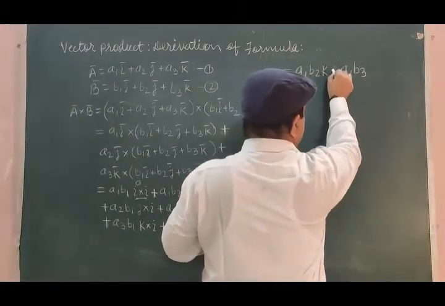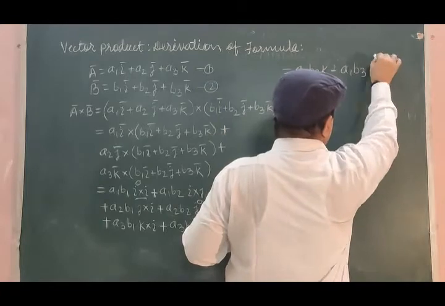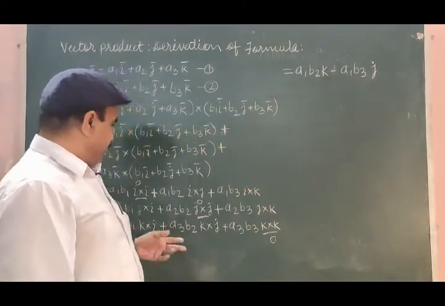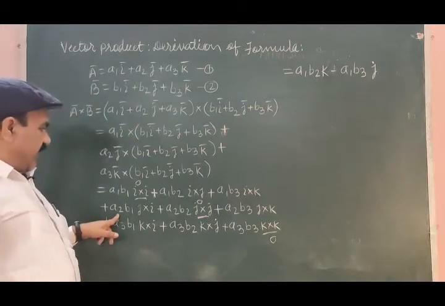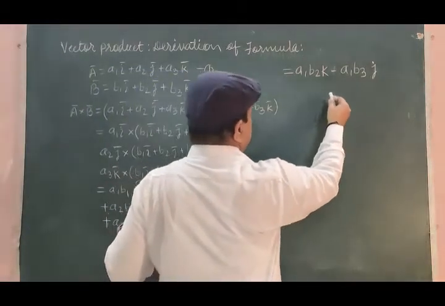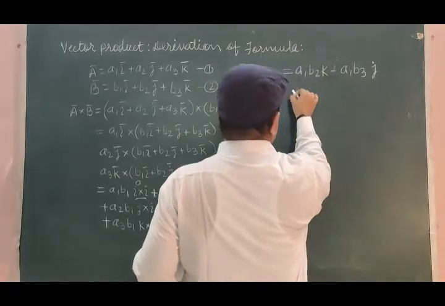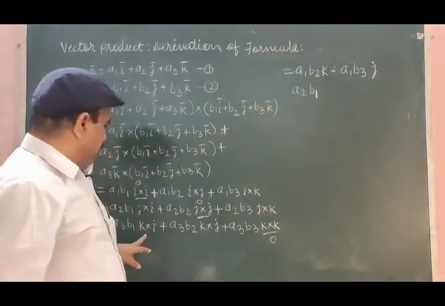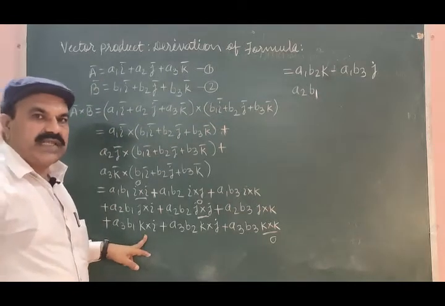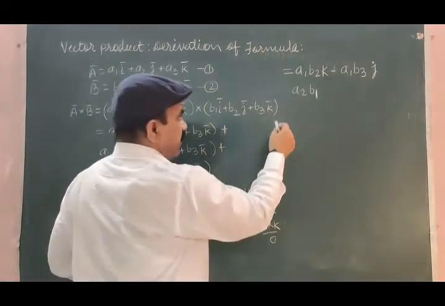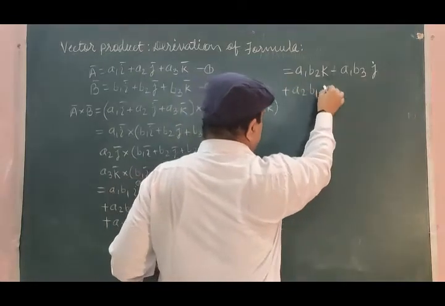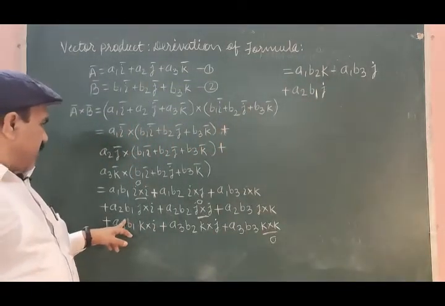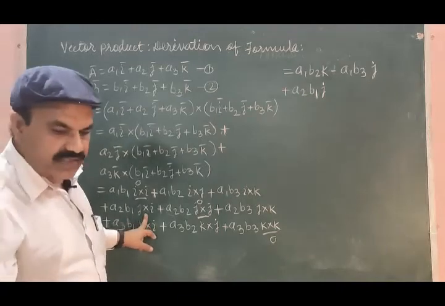So put minus here, j here, right? Then come to this term, a2b1. Sorry, a2b1 it is j cross i.